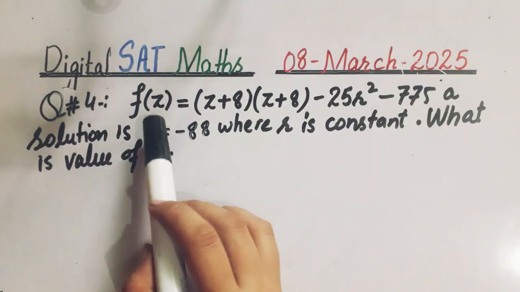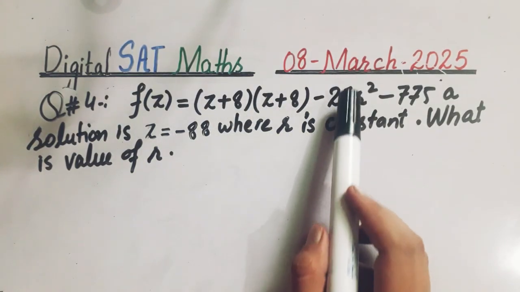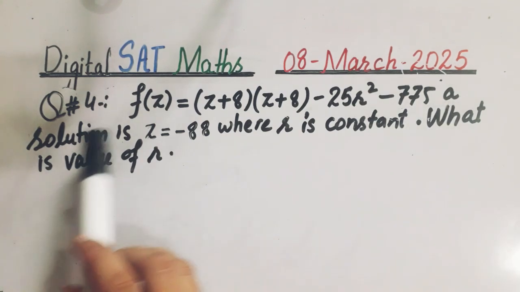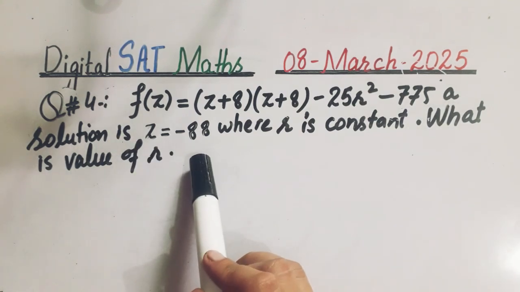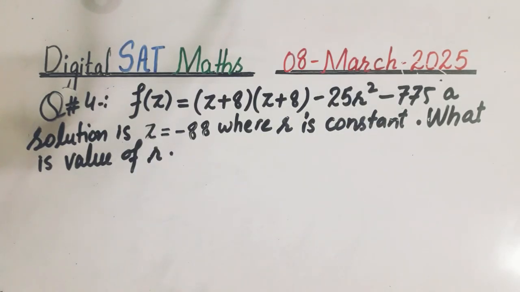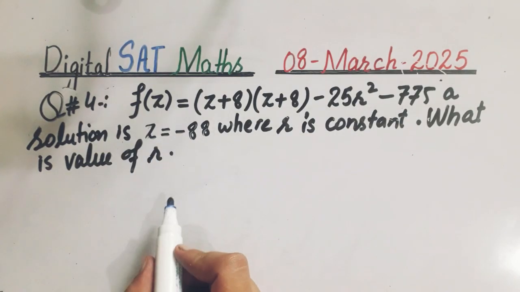Now question number 4 is f of z equals z plus 8 into z plus 8 minus 25 r square minus 775. Our solution is z equals minus 88 where r is the constant. What is the value of r? So we will solve this question in a very easy and simple way. First of all, just substitute the given value of z, that is minus 88.